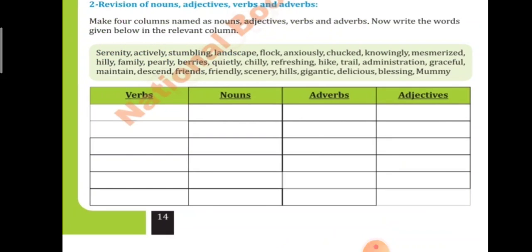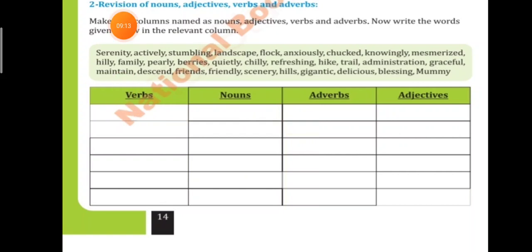And now some words are given here and you have to identify whether this is a noun, adjective, verb or adverb. Got it? So you have been informed about these words before as well. I will today give you just the idea of what is verb, what is noun, what is adverb and what is adjective.